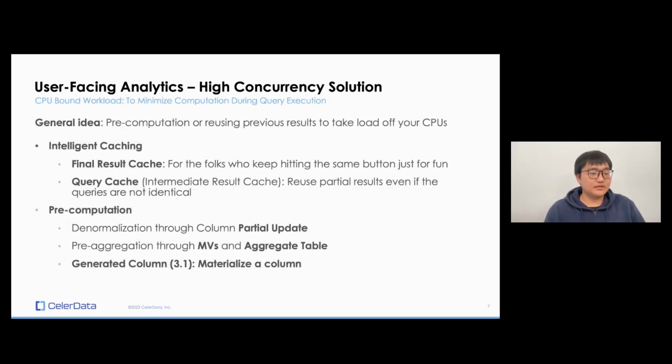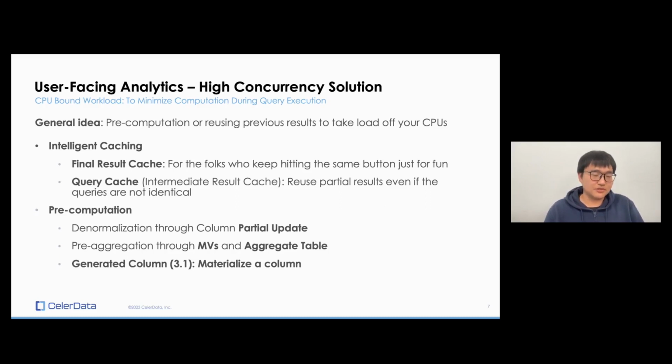And then let's go to the more CPU-bound workload, where the CPU is put to work. What we want to do is to minimize the amount of computation a CPU has to do during query execution. There are basically two ways to do this.